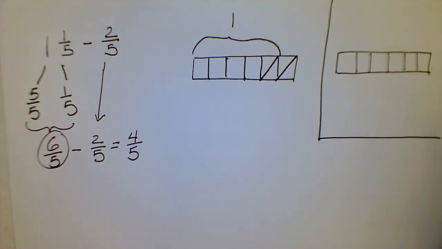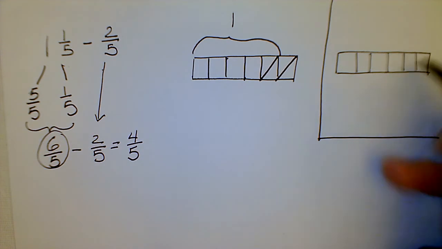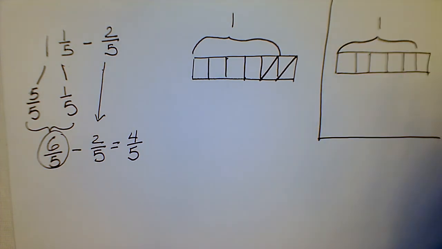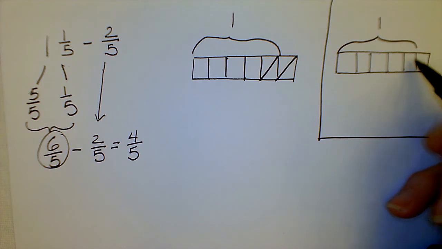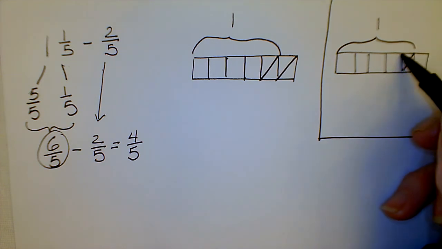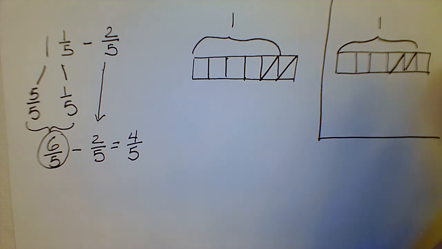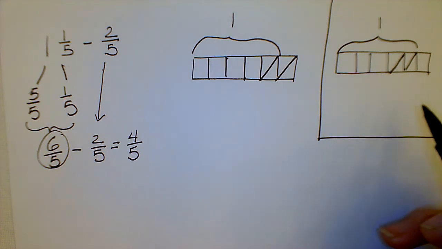Okay, so another way that I could have thought of this was to again show my 5 fifths, so show that that's one whole, but then instead of crossing off from the end, I could have taken away, subtracted the 2 fifths from the 5 fifths, and then combined my 3 fifths and my 1 fifth.